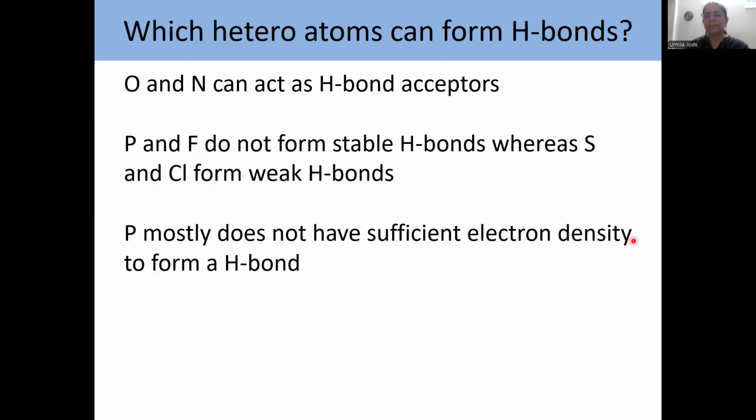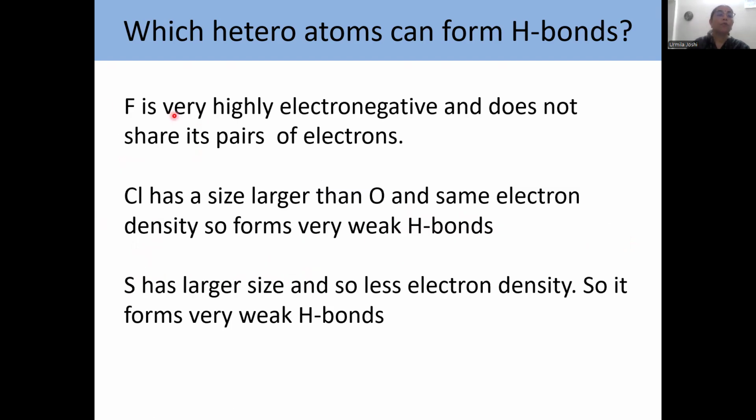It does not have sufficient electron density to form a hydrogen bond. To act as a hydrogen bond acceptor, you need to have electron density around that atom. Phosphorus lacks that. Let us see about others. Fluorine is highly electronegative and it does not want to share its pair of electrons with the hydrogen, and so fluorine does not form hydrogen bonds.